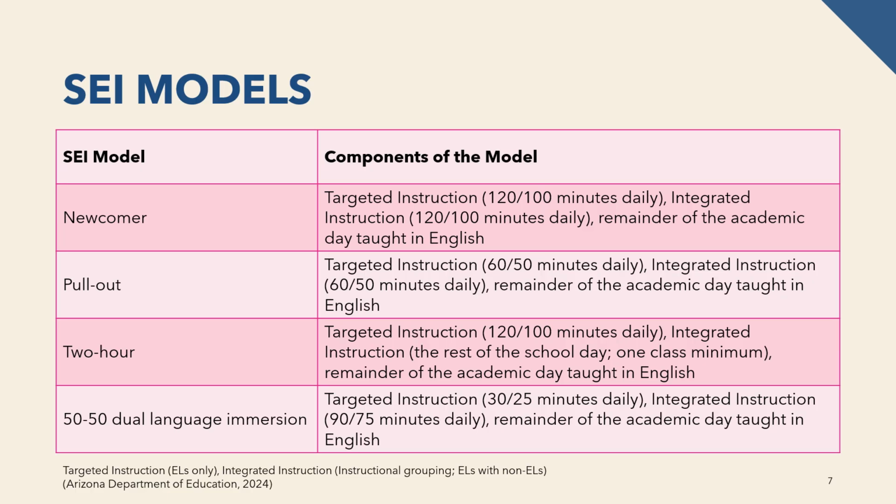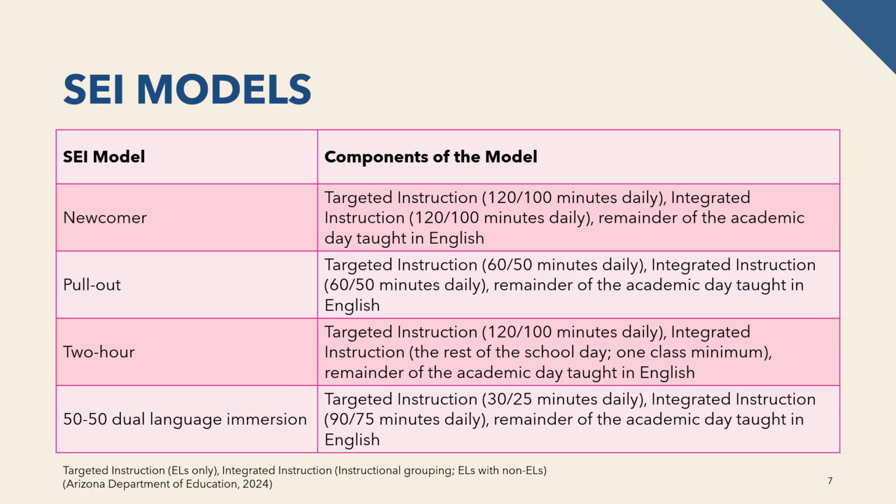We would target this to 120 minutes for our younger students and 100 minutes for our older students, and the remainder of the academic day would be taught solely in English. For our pull-out model, we would look at a little different timing. Our targeted instruction would go down to 60 minutes a day for our younger students and 50 for our older students.